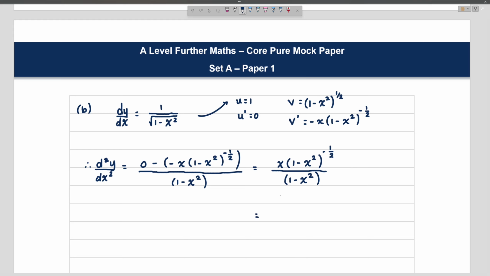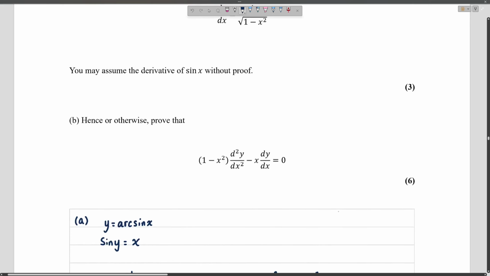I can rewrite this here then as x all over 1 minus x squared times 1 minus x squared here. So what I've got here is x all over the square root of 1 minus x squared times 1 minus x squared there.